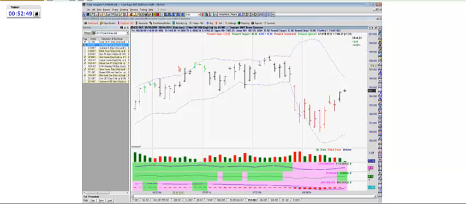So this is a chart of the E-mini S&P, and what I've done is I've programmed the indicators. The indicators are based on stochastics, RSI, and MACD. And when I have a crossover, according to the downtrend rules, I've programmed it to show red bars.